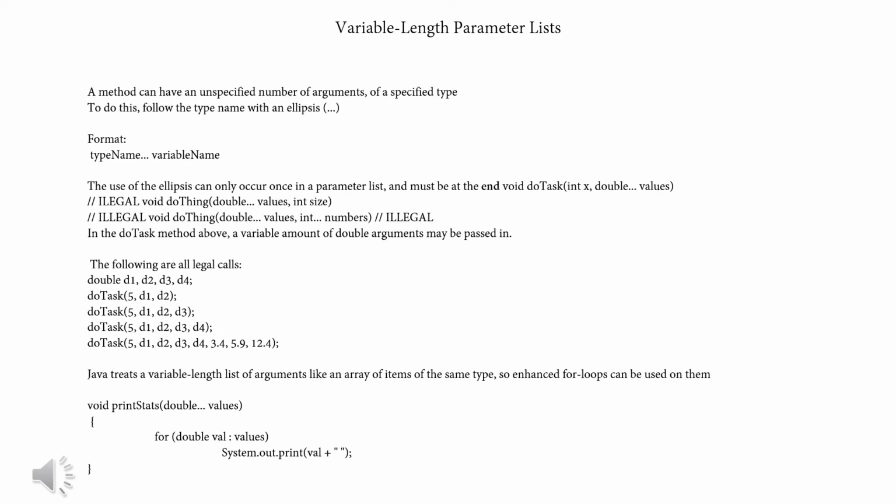Sometimes you need to pass several parameters to a method and you don't know the number of those parameters. There is a way that makes this possible. A method can have an unspecified number of arguments, right? In order to make this possible, the appropriate format is type name, ellipsis, and variable name.